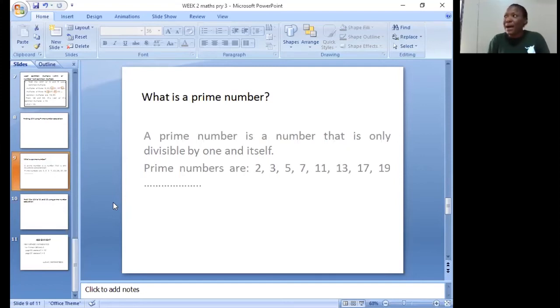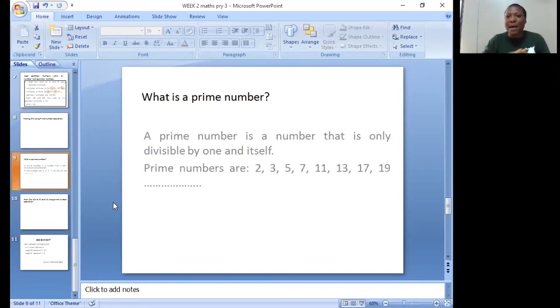A prime number is a number that is only divisible by 1 and itself. Prime numbers are 2. We cannot say 1. 1 is not among the prime numbers because no other number can divide 1. 1 is 1.